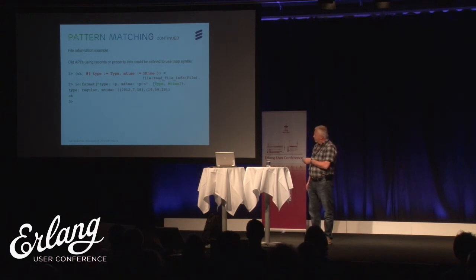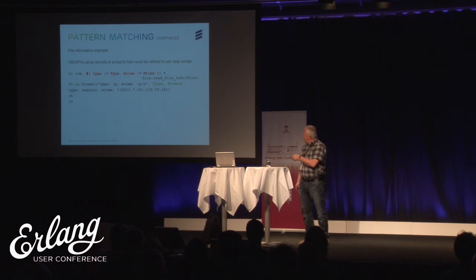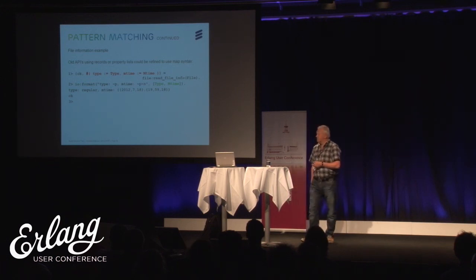Now you can match the type of file and the modification time, for example, like this. Then we will of course not change this function in an incompatible way, but we have to invent a new function then.